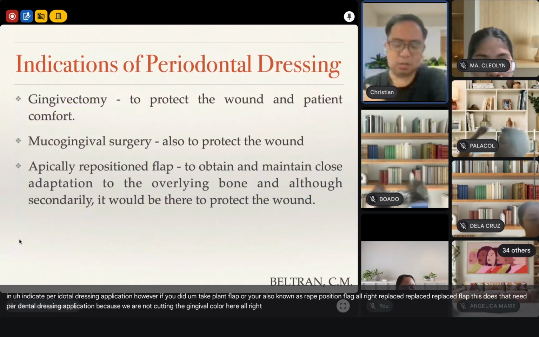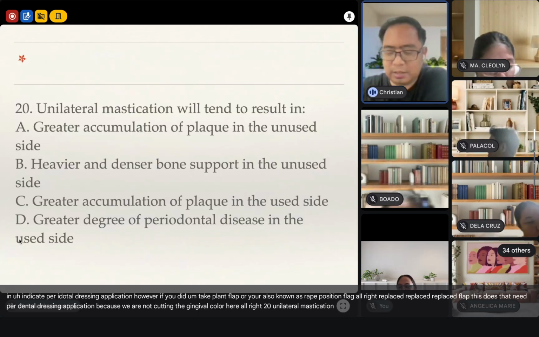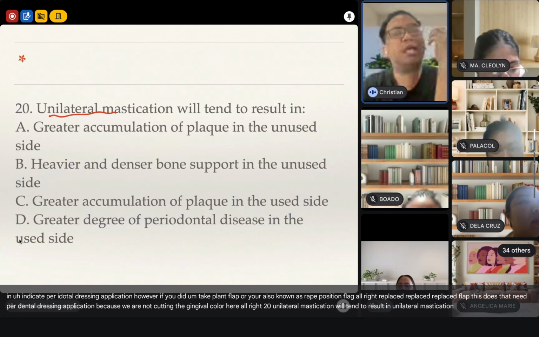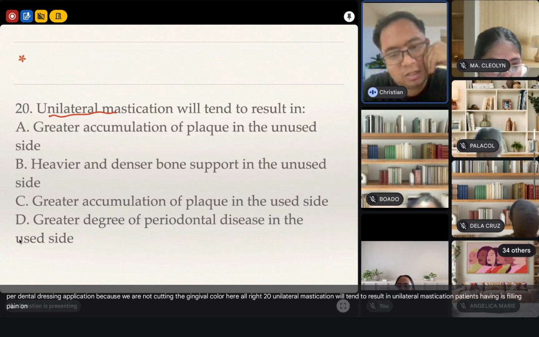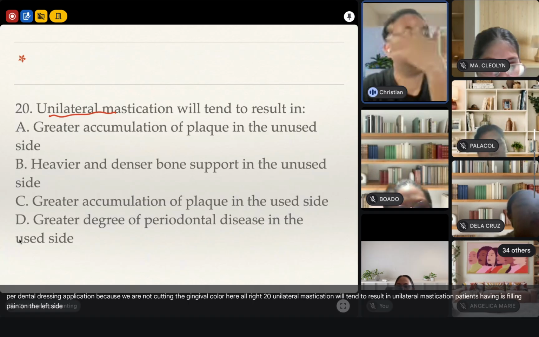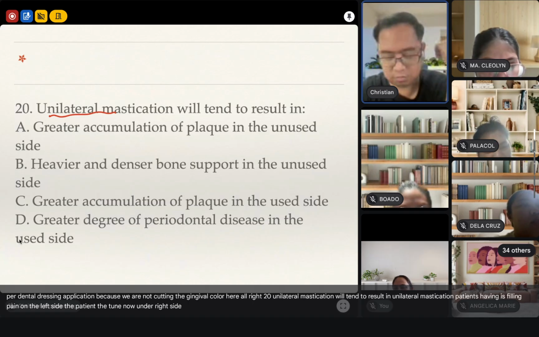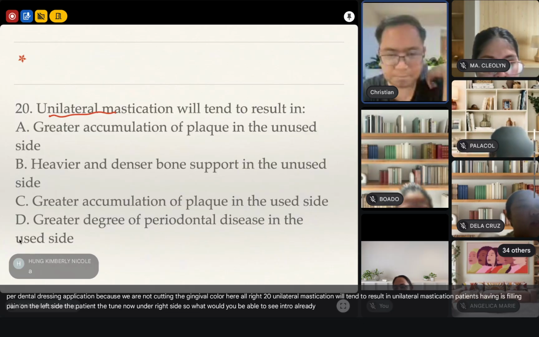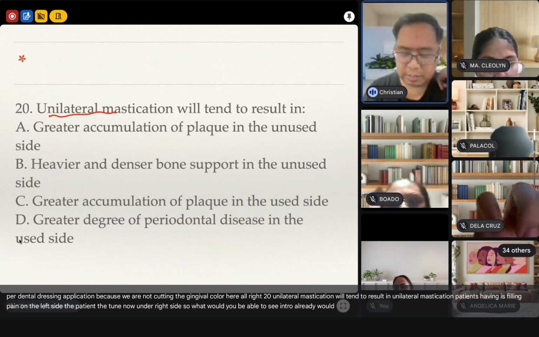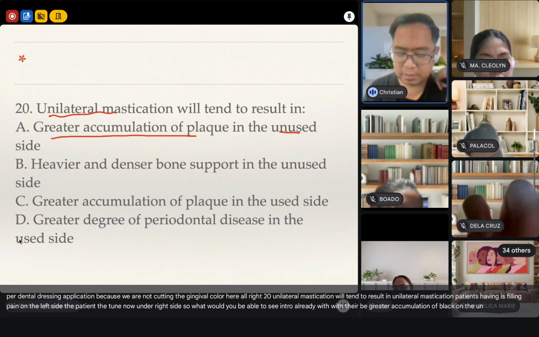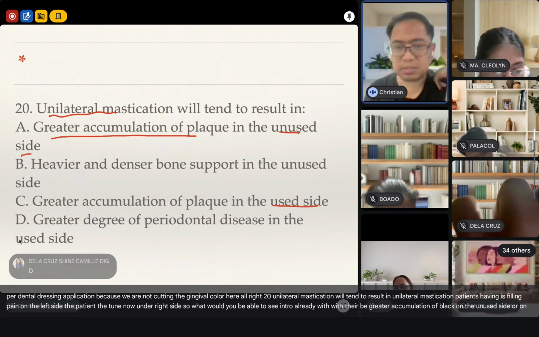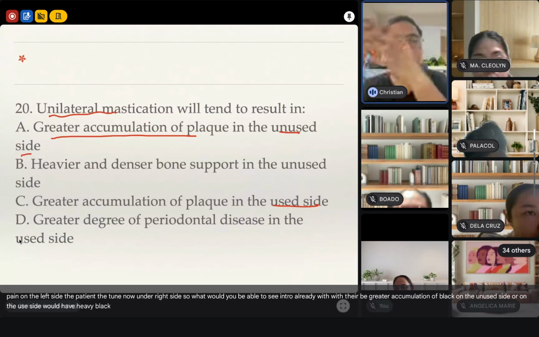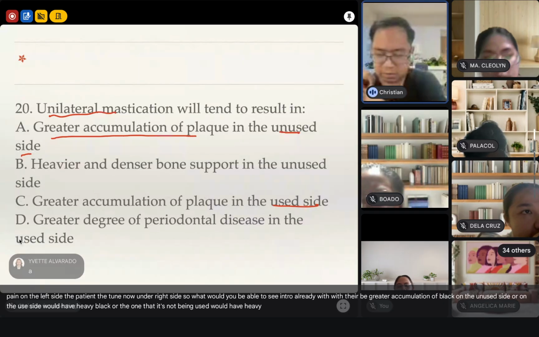Alright? 20. Unilateral mastication will tend to result in... Patient is feeling pain on the left side. The patient tends to chew now on the right side. So what would you be able to see intraorally? Would there be greater accumulation of plaque on the unused side or on the used side? Lagi ba yung ginagamit would have heavy plaque, or the one that's not being used would have heavy plaque deposits?